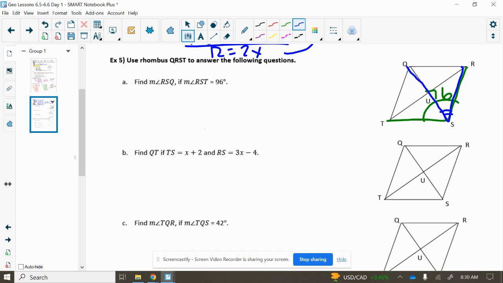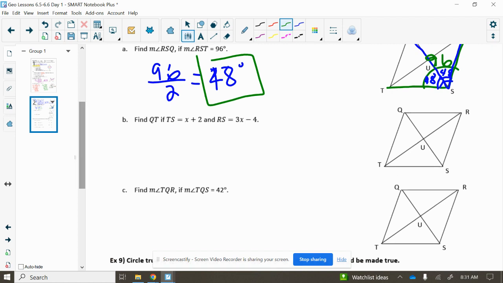Well, we know if that big angle is 96, we would have to divide it in half evenly to get the measure of each of our two small angles. Oops, not 76, 96 divided by 2. So we get a total of 48 degrees for each of these small angles if they have to both add up to be 96. So 48.